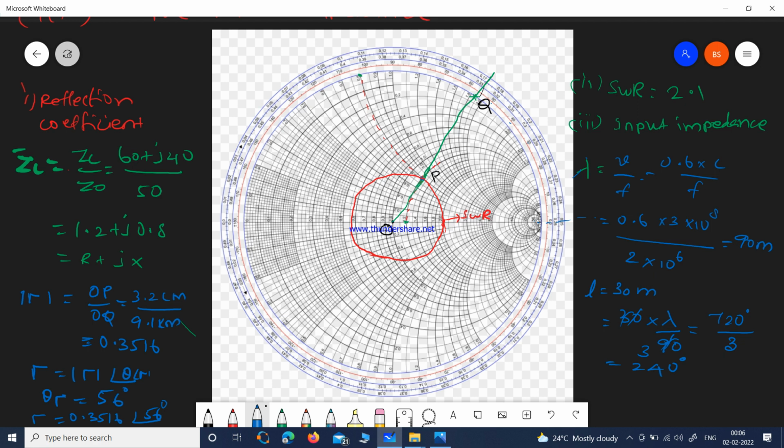So there is an angular movement of 240 degree towards the generator or away from the load in the clockwise direction. So at that point, the input impedance will be placed.